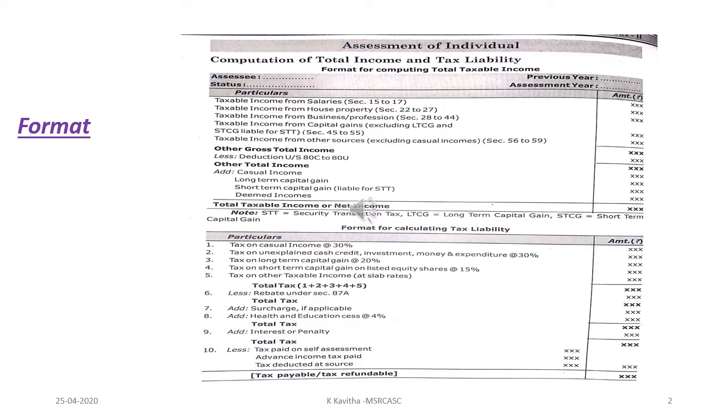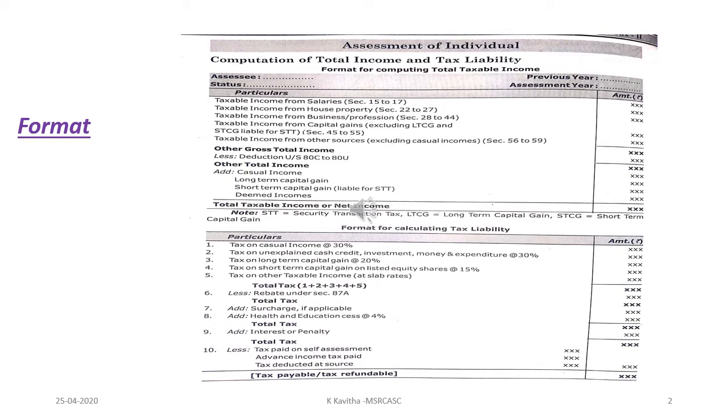If the income exceeds 1 crore, then the surcharge will be charged at 15%. So that we have to add. Health and education cess at 3% we have to add. So now we get the total tax. From this total tax, if you have paid any advance taxes or tax deducted at source, that has to be subtracted.